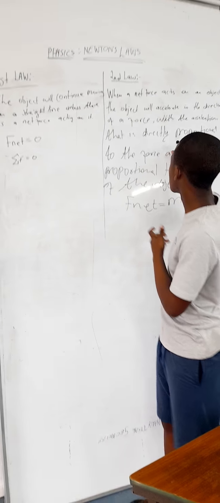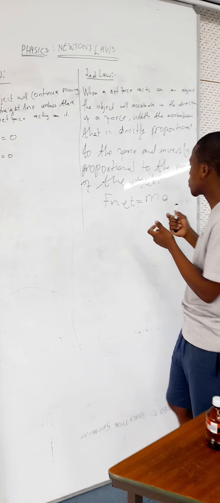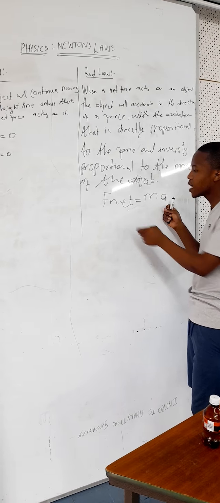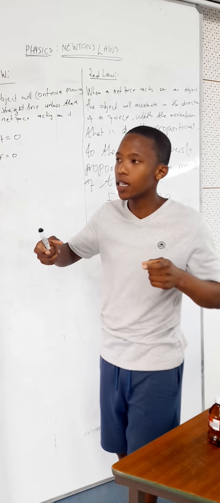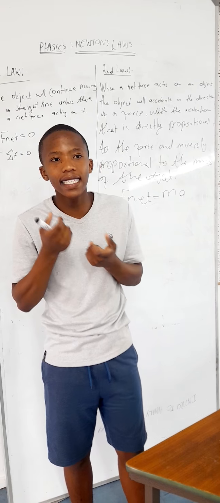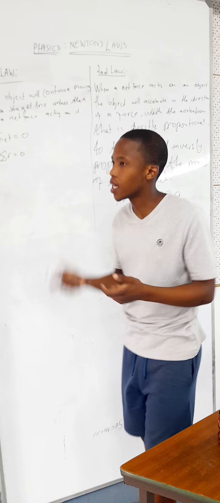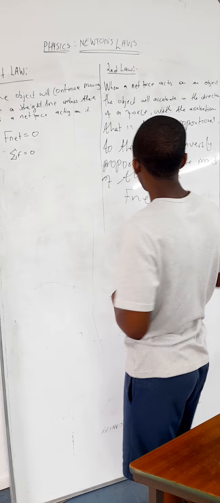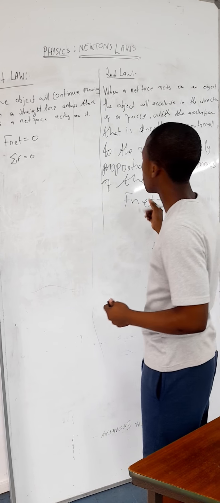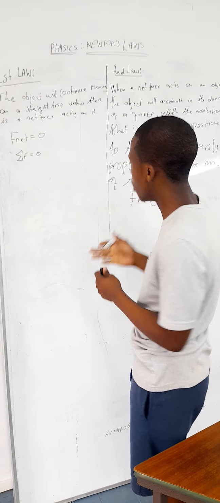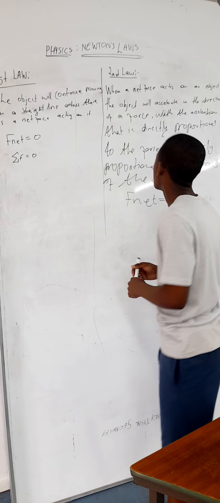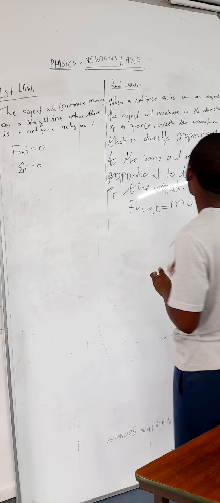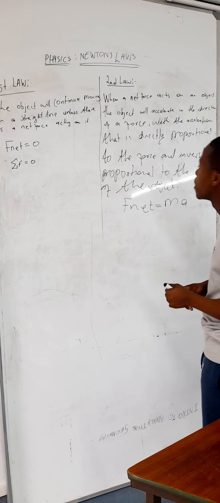This is the relationship between the acceleration and the force. It says that the force and the acceleration have a directly proportional relationship. If we were to express this in the form of symbols, I will tell you next time, not now. Let me quickly finish this first.